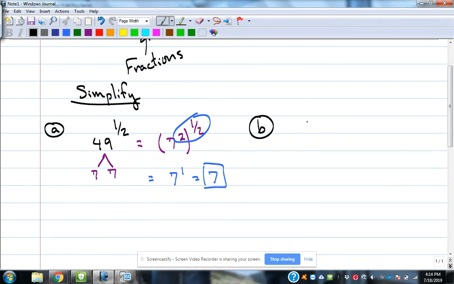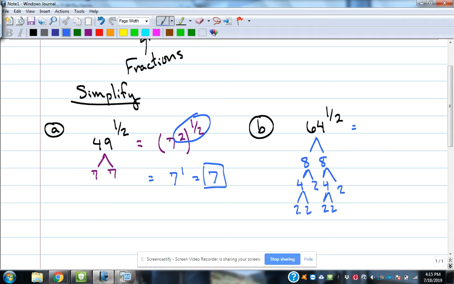Like 64 to the 1/2 is, I know from experience, 8 times 8, and 8 is 4 times 2, and 2 and 2. I'm showing the factor tree method because it's going to be helpful when we don't get to use the calculator, because we have to simplify. But this time the calculator would have done this.